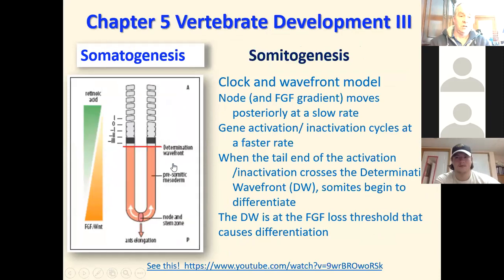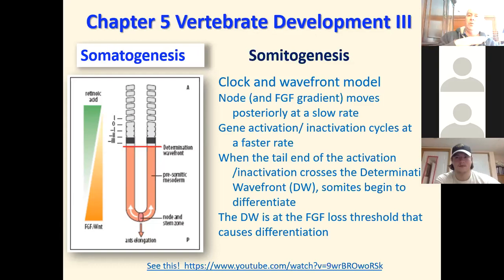Clock and wavefront model. So the idea is, as these mesenchymal cells are moving in this direction, you've got these two feedback mechanisms between FGF, Wnt, and Notch that are constantly cycling. FGF causes Wnt production causes Notch production, and Wnt and Notch then shut themselves off.